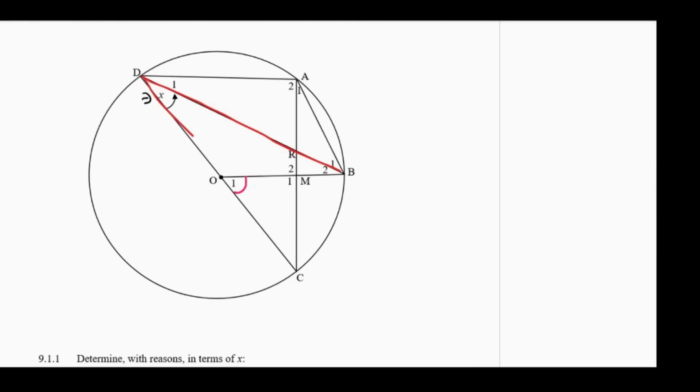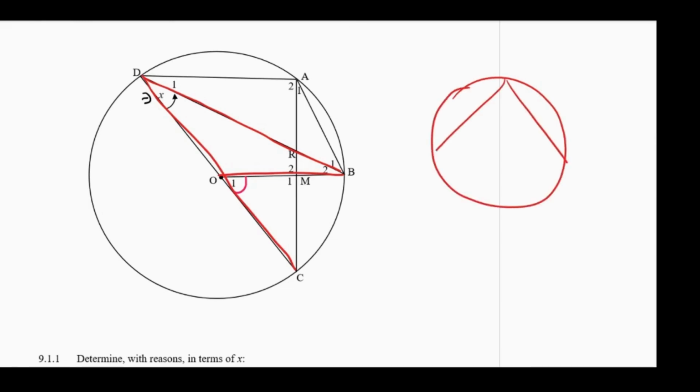You would notice that this is actually Theorem 3, right? Remember, Theorem 3 looks like this, and it looks more like a kite, where the angle at the center is twice the angle at the circumference. So the same thing happens here, where this angle at the center, which is O1, is twice the angle at the circumference, which is X, right?